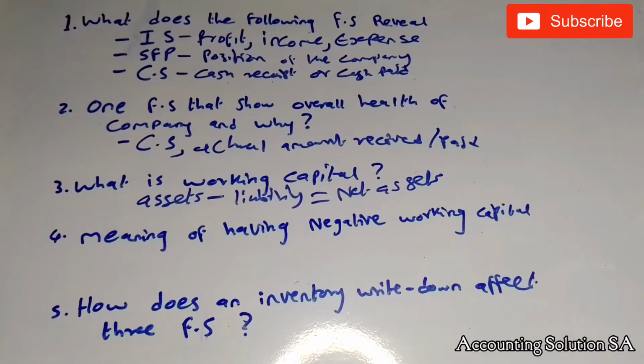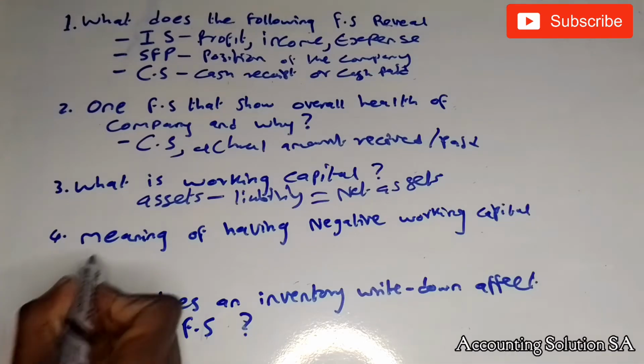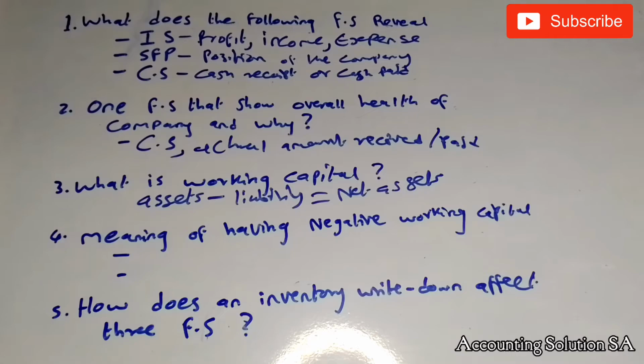So after this question, they're going to ask you what is the meaning of having a negative working capital. So you must be able to understand: if we have negative working capital, what does that mean? If we have positive working capital, what does that mean? Okay. Number one, if we have a negative working capital, you have to answer this question in a very smart way.